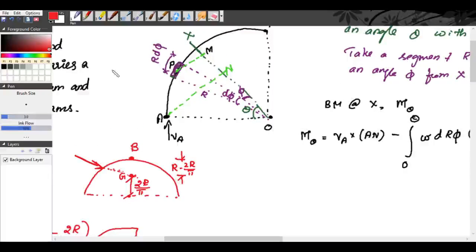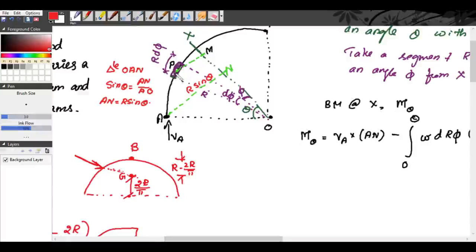Taking the triangle OAN, we get sin theta is equal to AN by AO. AO is the radius R. Therefore, AN is equal to R sin theta.